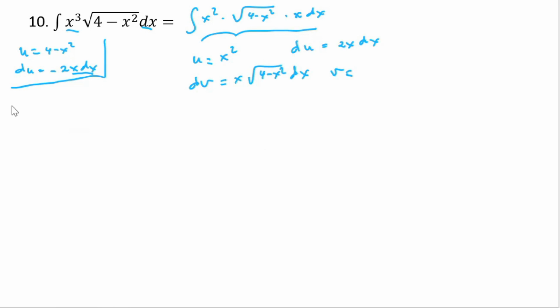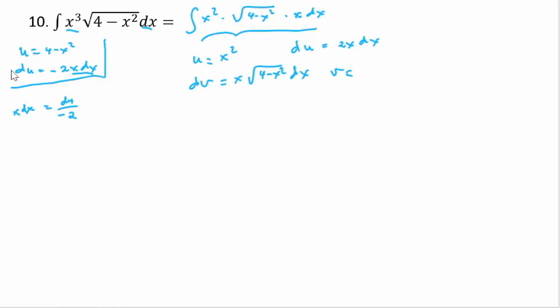And our v now, to solve for v, I'm going to use this one. The u is equal to 4 minus x squared, and du now is equal to negative 2x dx. Since dv has x dx, I'm going to solve for x dx here. x dx is equal to du over negative 2. So actually, I'm solving v in terms of the substitution method.